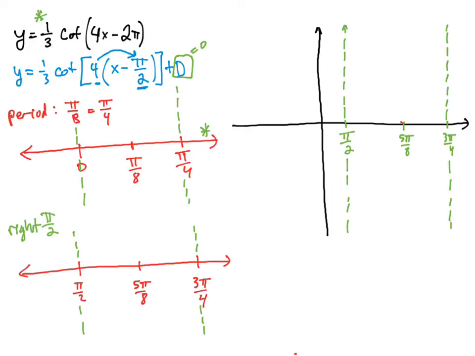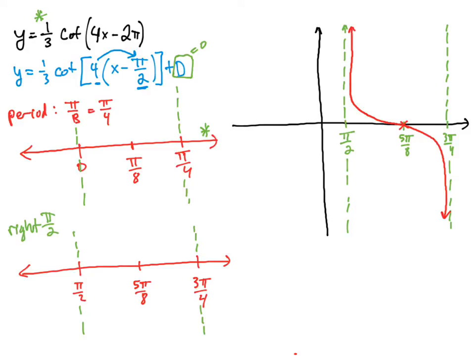So when we graph this, we're going to cross right at the middle, and this is going to be a little bit more shallow than what we would normally see because we have that vertical compression. So there we go. There's our one period of this cotangent graph.